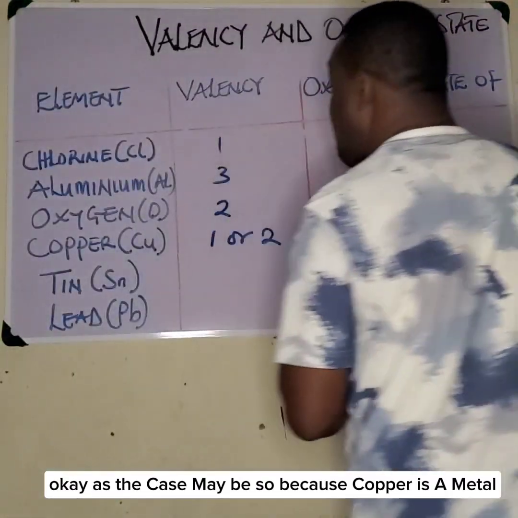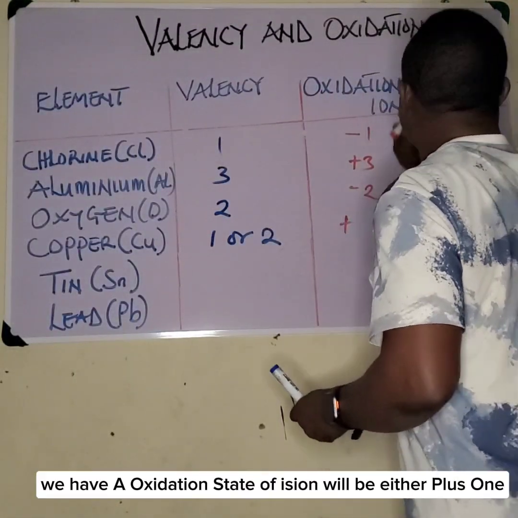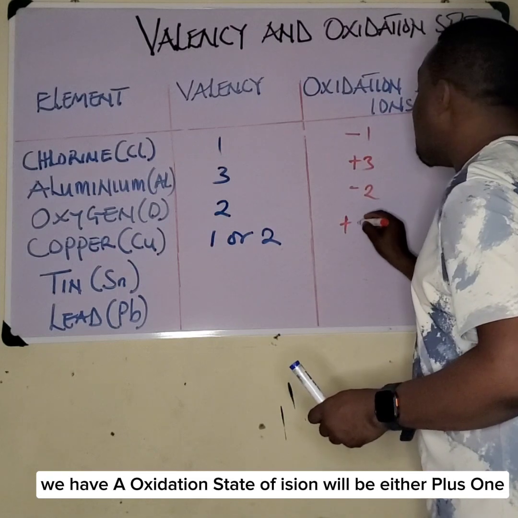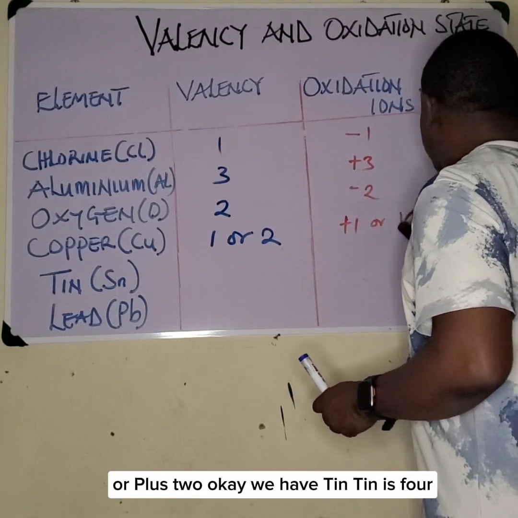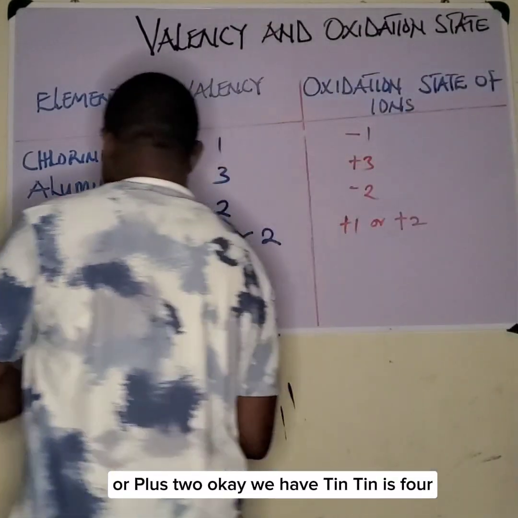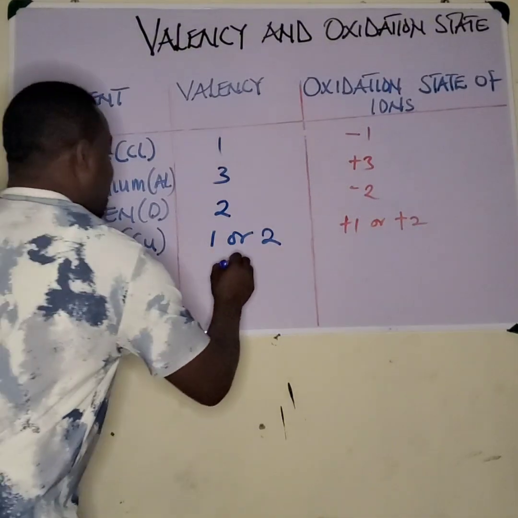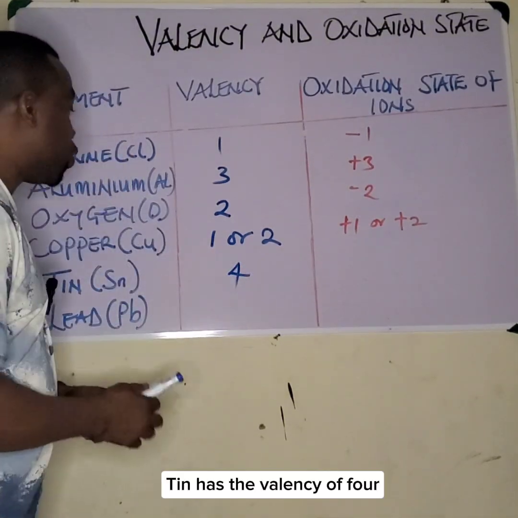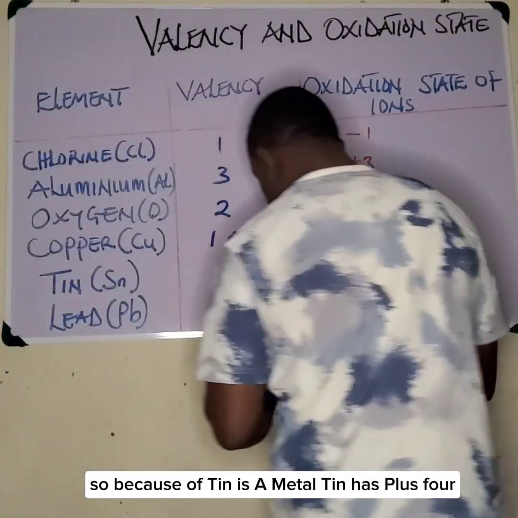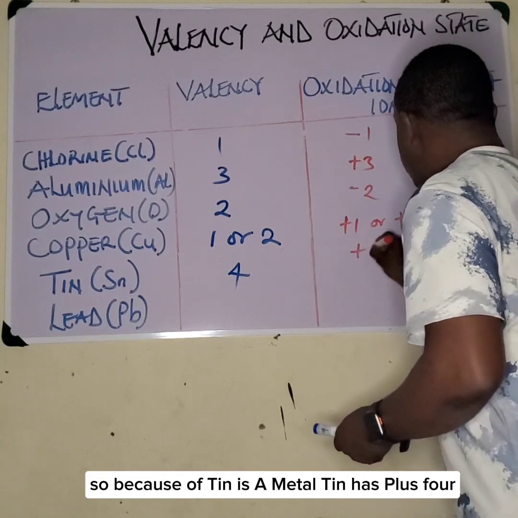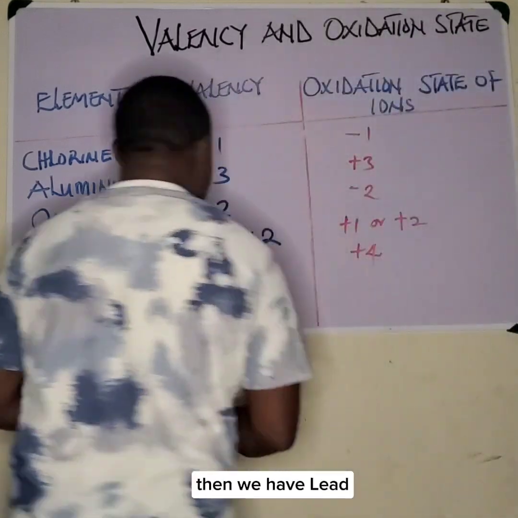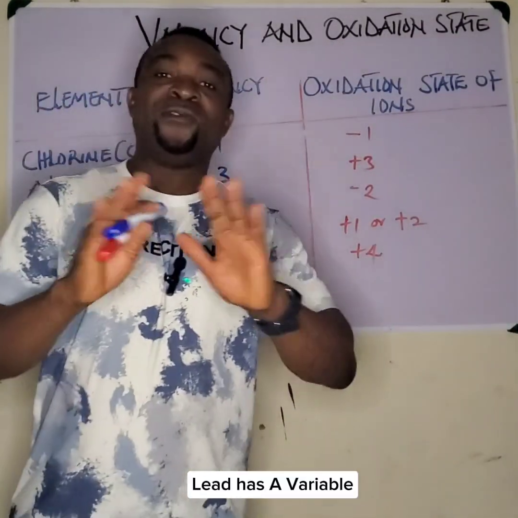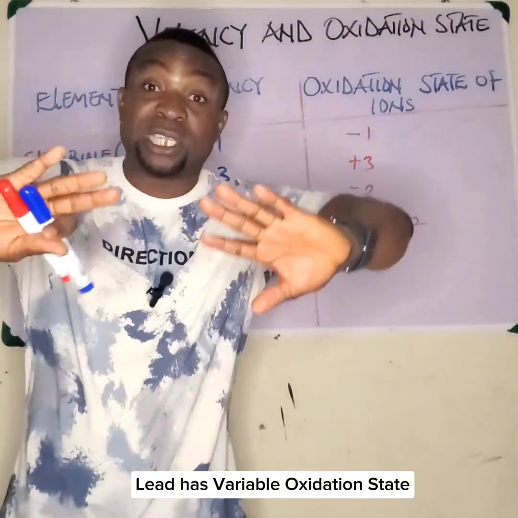So because copper is a metal, the oxidation state of its ion will be either +1 or +2. Okay, we have tin. Tin has the valency of 4. So because tin is a metal, tin has +4. Then we have lead. Lead has variable oxidation state.